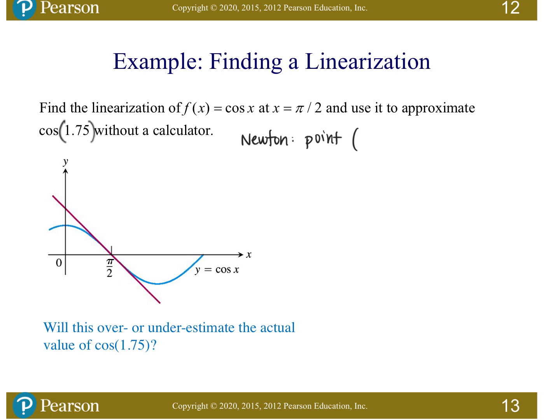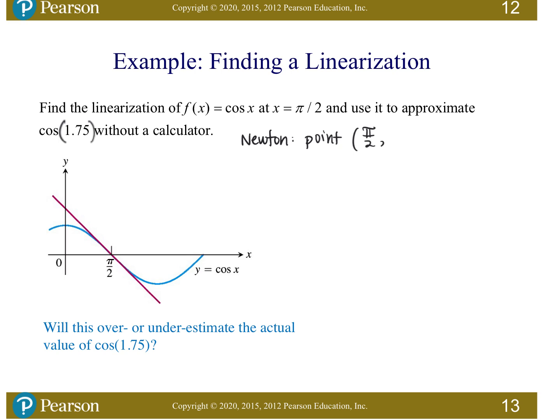He would pick something that was decently close to 1.75, and I've got it labeled for you. He's going to pick the point pi halves. Pi halves is about 1.57, so if you know what pi is, you know that it is pretty close to 1.75. So that was his point.